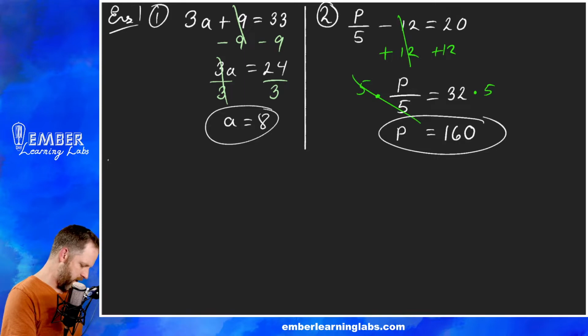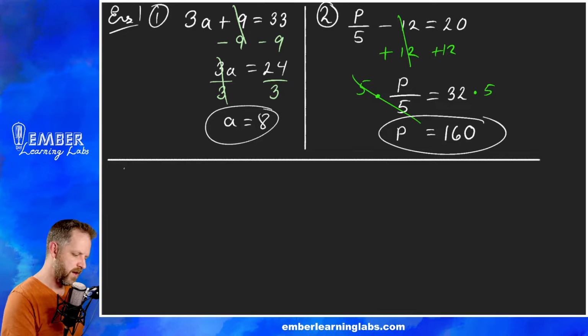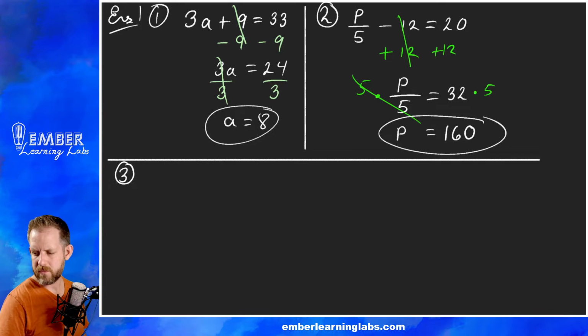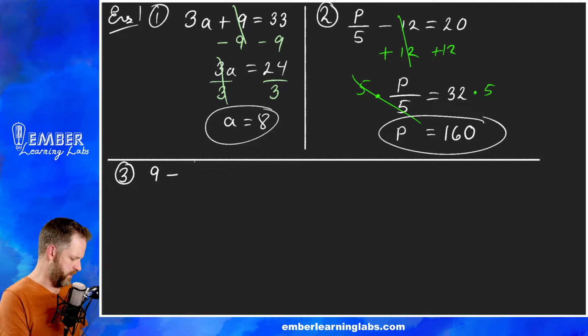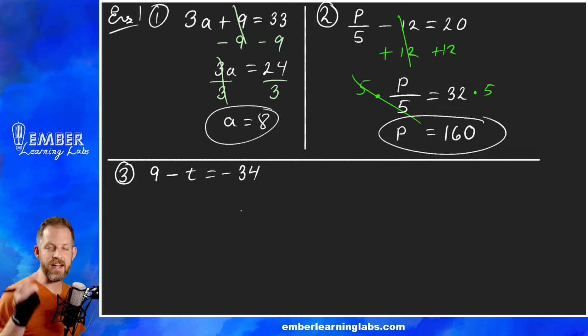Let's do another example. Example 3: 9 minus t equals negative 34. So what's attached? How's it attached? Do the opposite to get rid of it. The 9 is attached. We had one kind of like this a couple lessons ago.